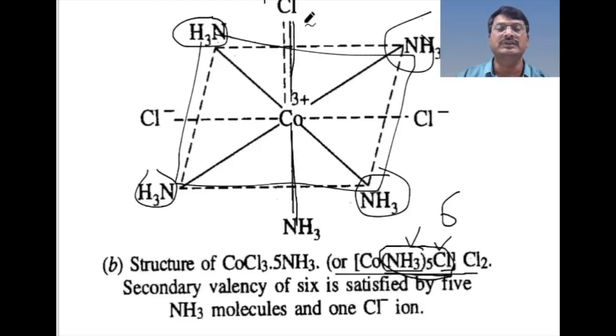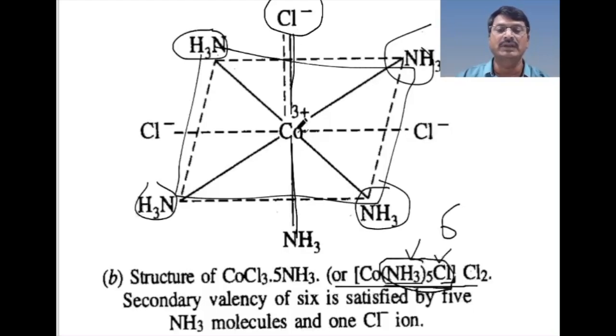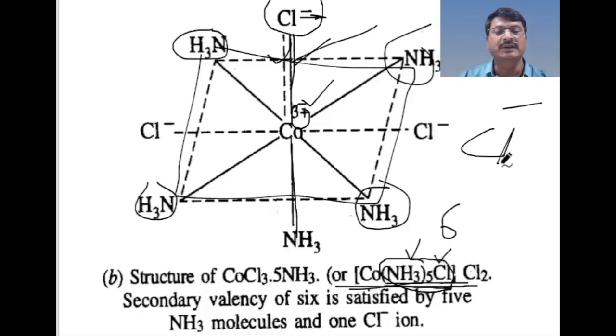And when you come to this chlorine, it is bonding with the central metal ion by using the secondary valency and also it is satisfying the oxidation state, because due to the negative charge it is satisfying the oxidation state. That's why this Cl minus ion is attached to the central metal ion with both secondary valency and primary valency. So in some molecules, some negative ions will satisfy primary valency as well as secondary valency.